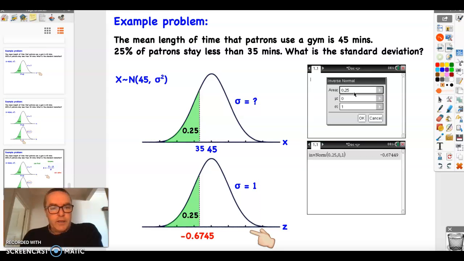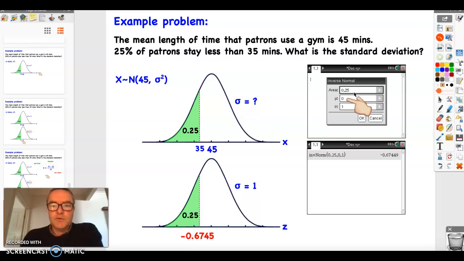So that's where our calculator comes in. We're going to use the inverse normal function that we used in our last lesson. Using this sketch down here, we've got an area from negative infinity up to a certain value. That's what we're trying to calculate, and the area is 0.25.